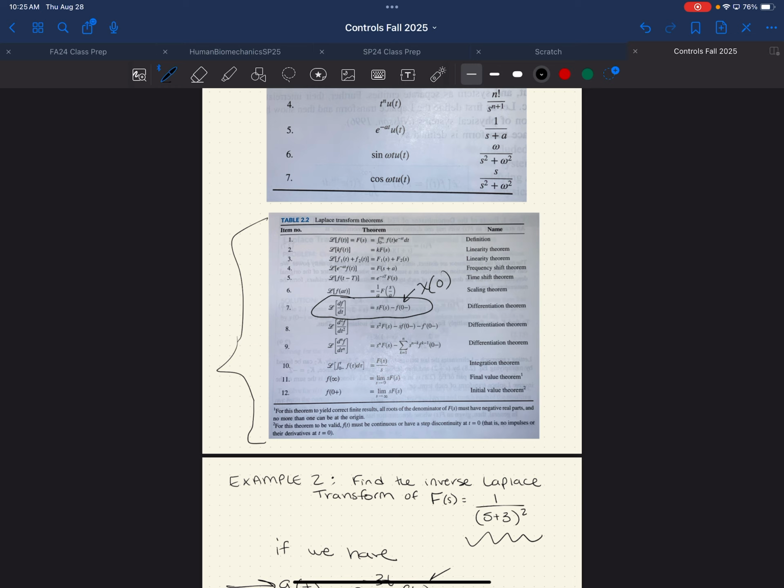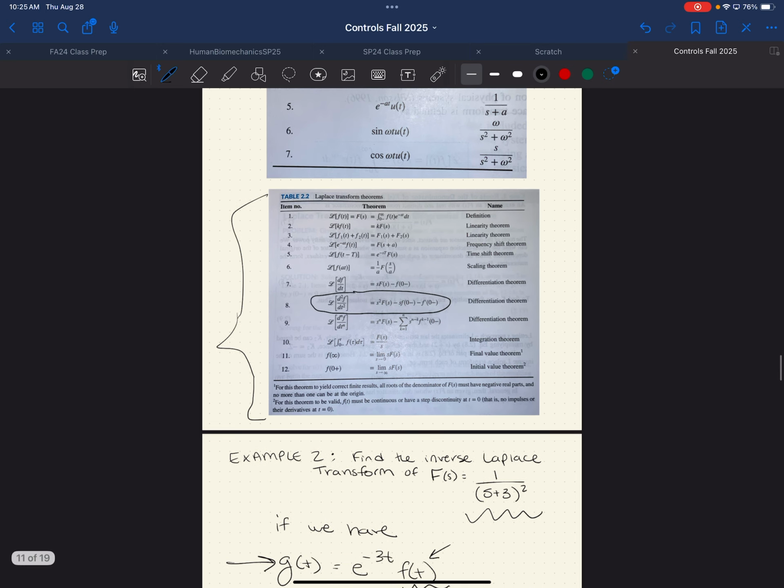Okay, now let's look at the second derivative because it's very similar. The second derivative says, oh, you need to do that same process again. So instead of just an s times F of s, we get an s squared F of s, and then we subtract s times our initial condition minus our initial velocity, okay?